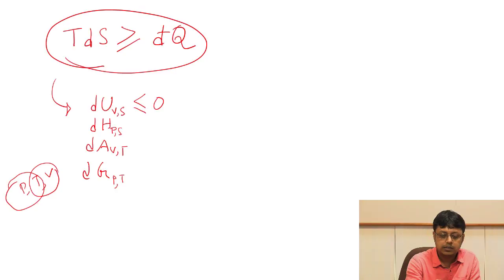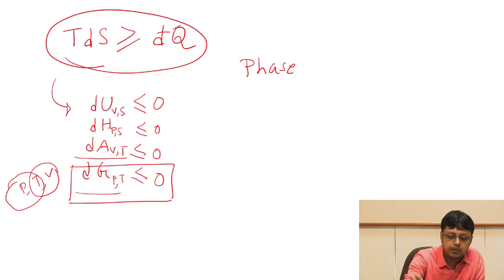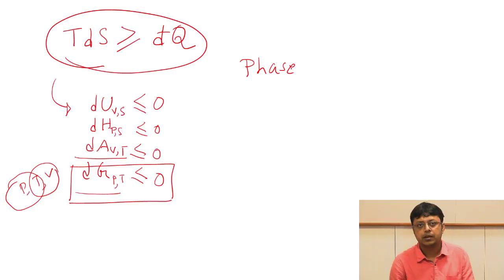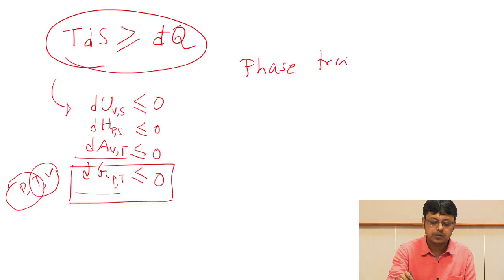So the natural quantity to look at is either dA or dG, and we argued that in most cases we keep the pressure constant, which means this is the most useful relationship which we'll be using. Now in the next lecture we'll build up from our discussion on this particular aspect, and then we'll be talking about phase transition.